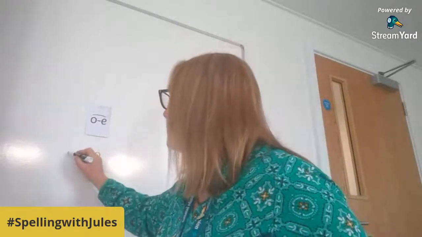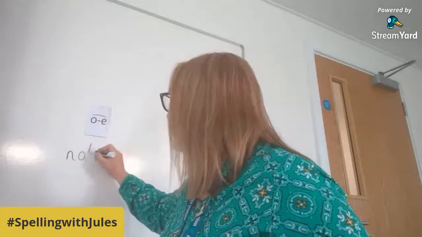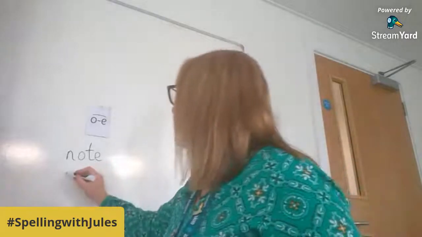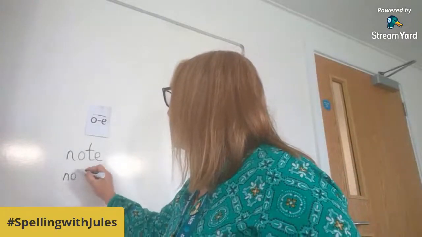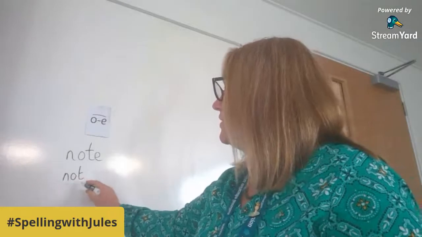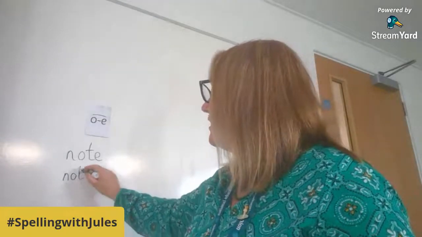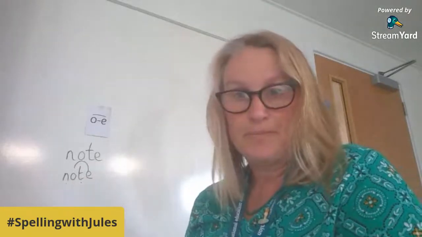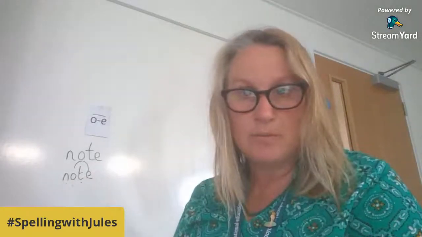So if I do note, but we could have not, couldn't we? Not. And then we can change that. O becomes an O for note. That's how our split digraphs work.